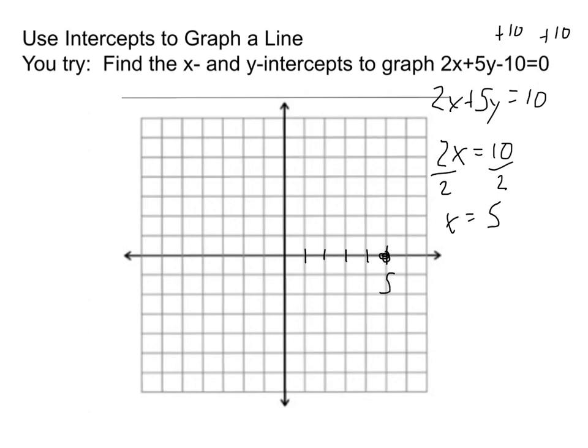There's my x-intercept. For the y-intercept, I know the x value is 0, so 2 times 0 is 0, so I just have 5y equals 10. Divide by 5, divide by 5, y equals 2. That's 2.